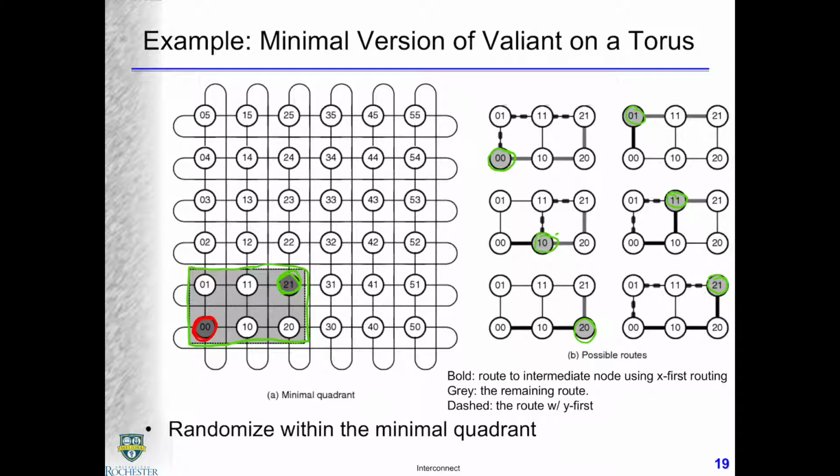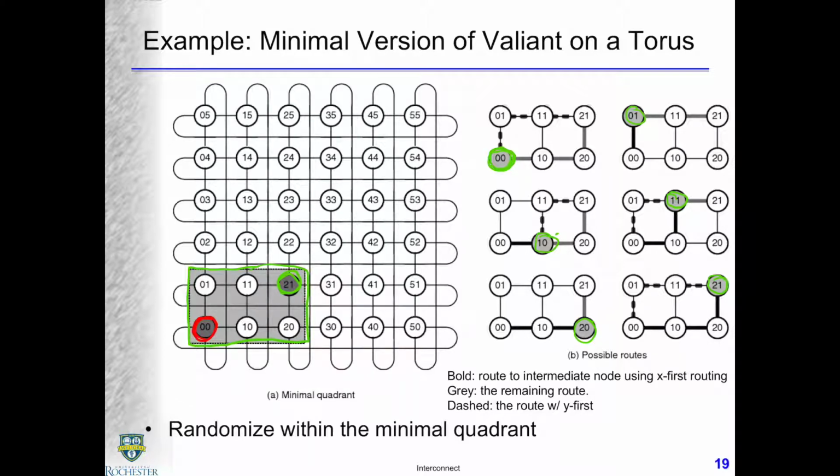For instance, the bold route is choosing X first. So I will travel on the X dimension before I turn until I reach the intermediate node. Now, since 0,0 is the source node, if you choose yourself to be the intermediate node, this is already done. And you then proceed to go from the intermediate node to the destination node.